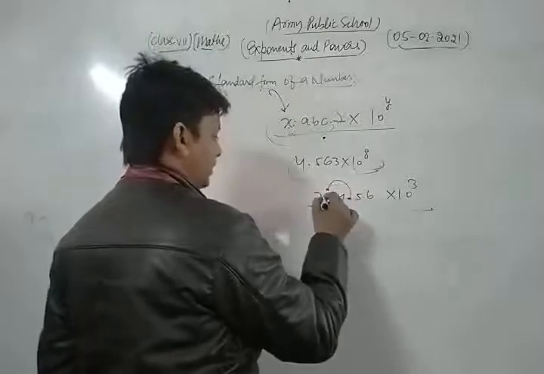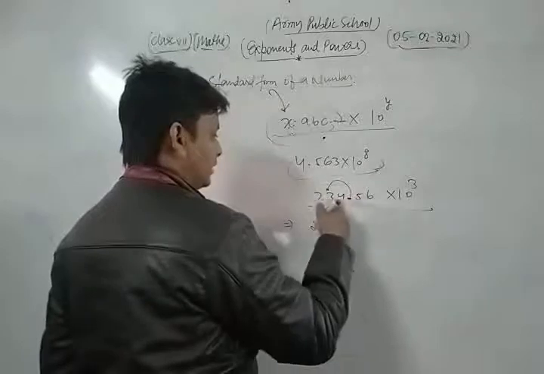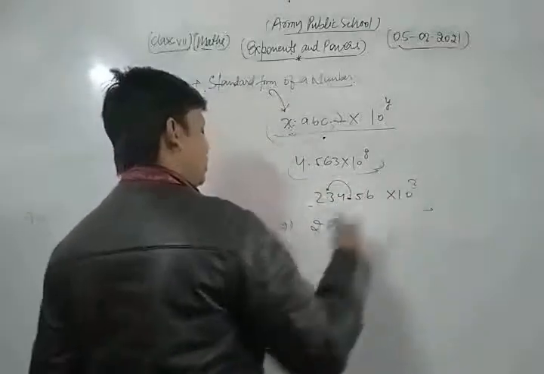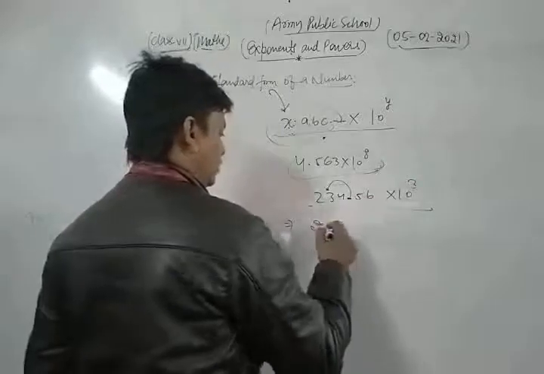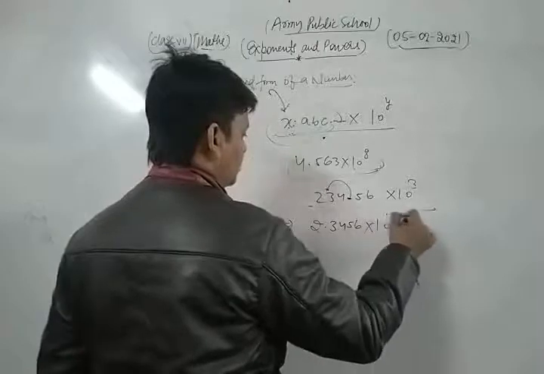So if we move the decimal to that place, then we add 2 in the power of 10, so we get 2.346 into 10 to the power 3 plus 2.